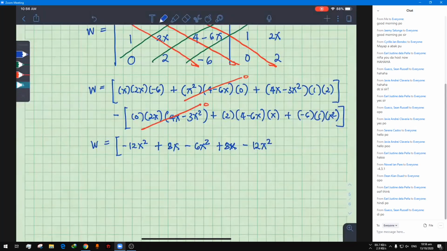Then I'll have negative, oh sorry, nakalimutan ko, may negative pala doon. Negative 6x. So, hindi tayo malito. So minus, dito naman, I'll have 8x, then minus 12x squared, and I'll have negative 6x squared.